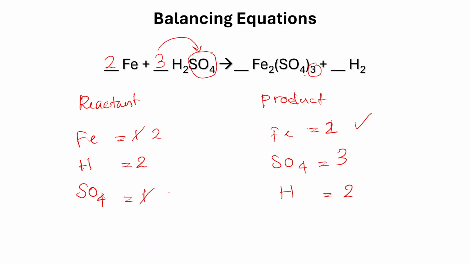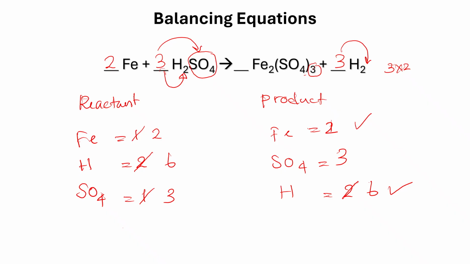Then you have only 2 hydrogens on the product side, but once you put 3 in front of sulfuric acid, it makes 6 hydrogens on the reactant side. To make 6 hydrogens on the product side, you can add 3 in front of H2 because this makes 3 times 2 with the subscript. There are 6 hydrogens, so hydrogen is also balanced.